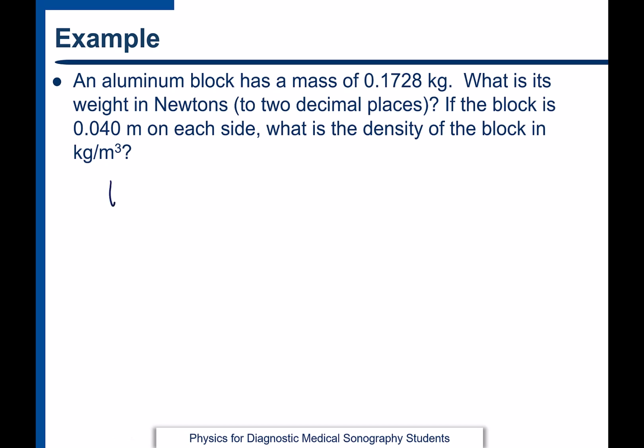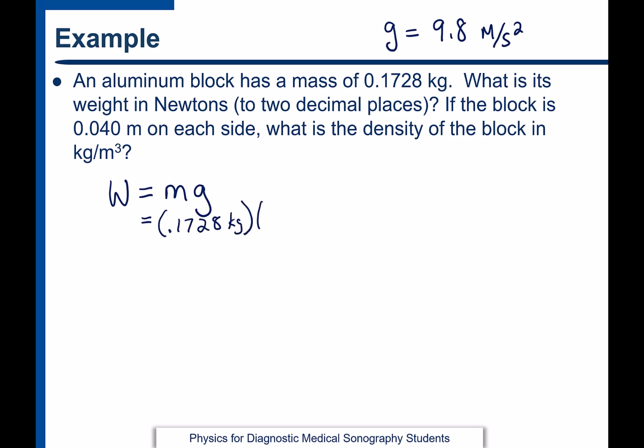We know that to calculate weight, it's just mass times g. And remember, g is 9.8 meters per second squared. And so I'll simply take my mass of 0.1728 kilograms times 9.8 meters per second squared.